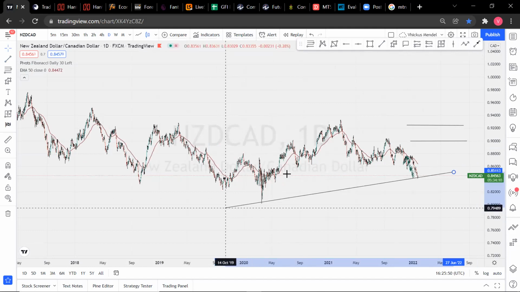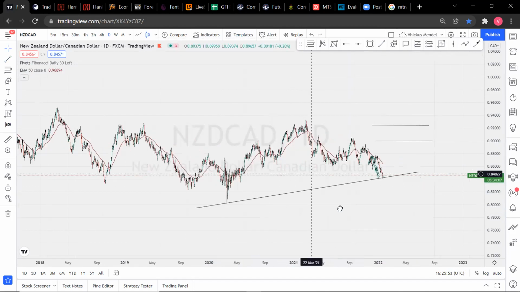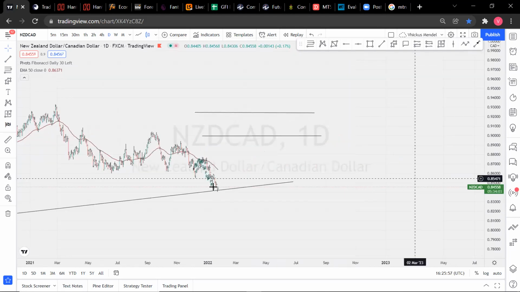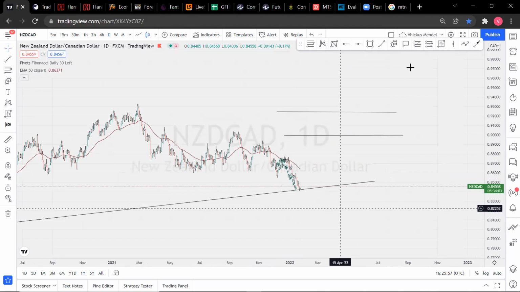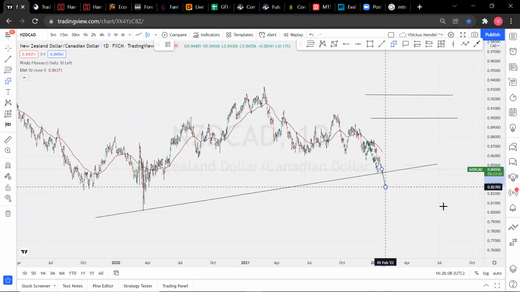So when you draw a trend line like this and you are waiting to take a trade on it, you wait for the trend line to be broken. Then you have a retest like this before you can join the trend.